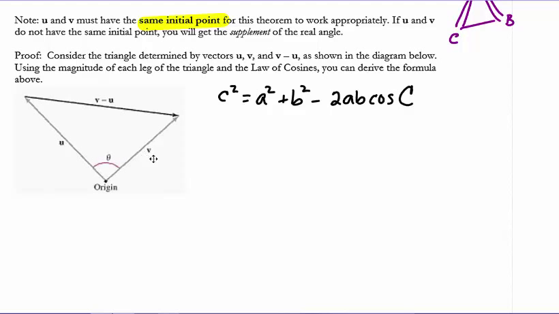So, C squared in this diagram would be the magnitude of V minus U squared. And this would be U squared. And this would be V squared. Oops, not plus, minus.